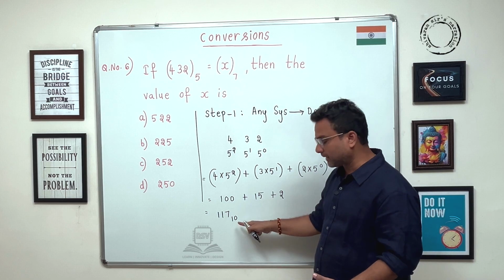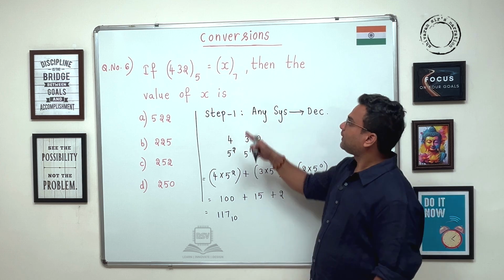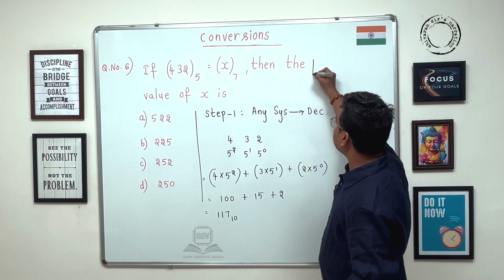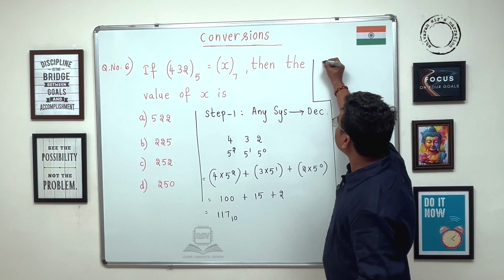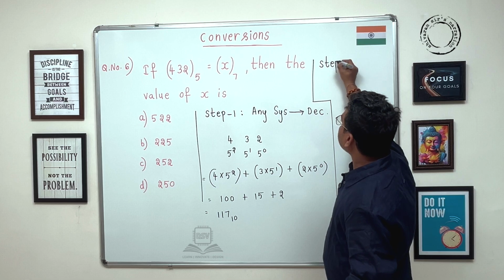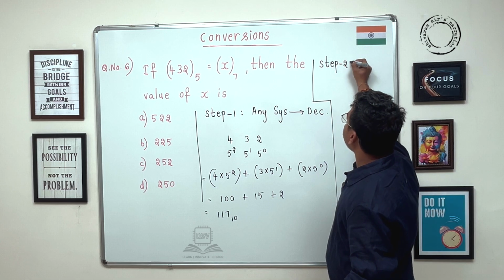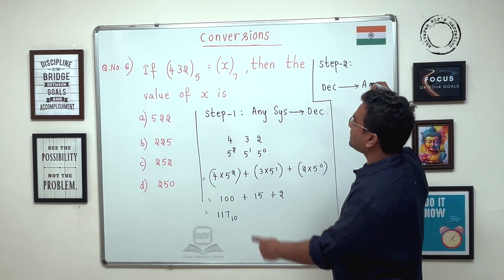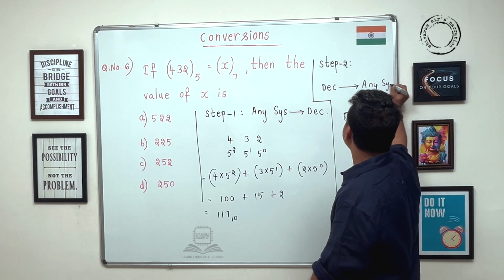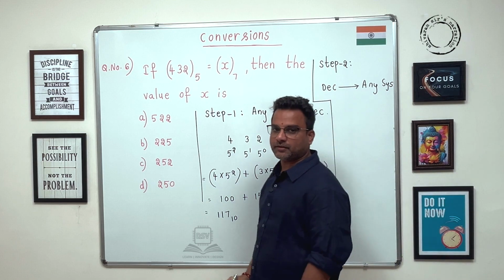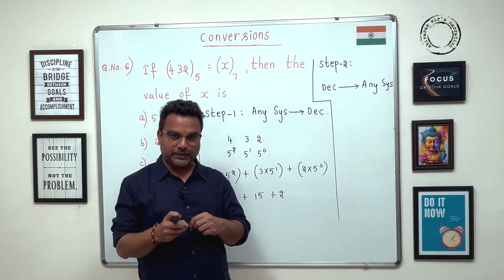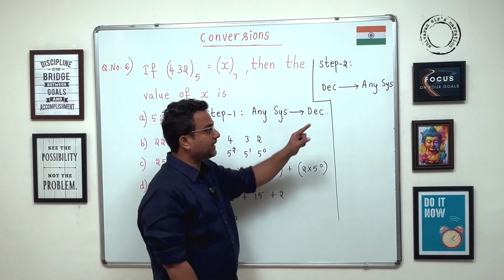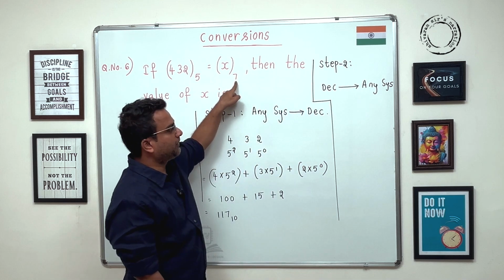Now what is the next step? We need to convert this decimal into base 7 number system. Step 2, decimal to any system, in this case base 7. What is the procedure? Simply, you need to divide the integer and multiply the fractional part with the radix value 7.